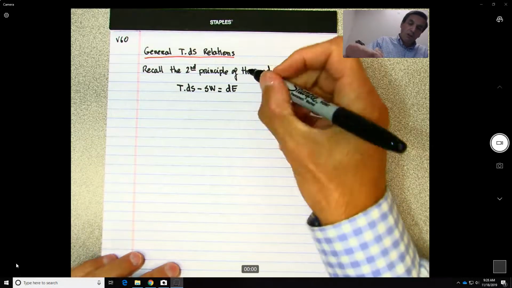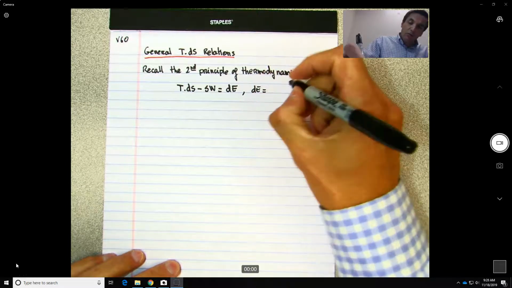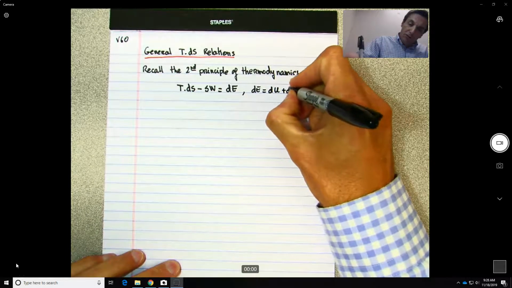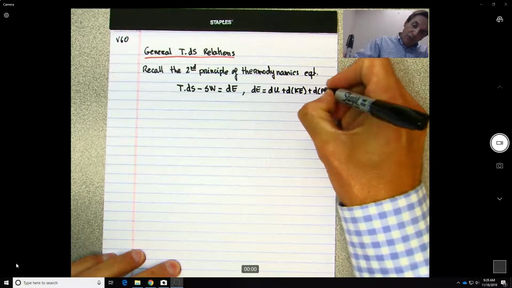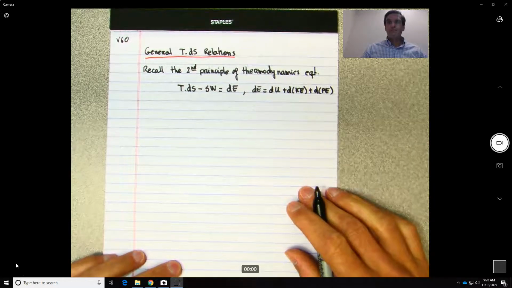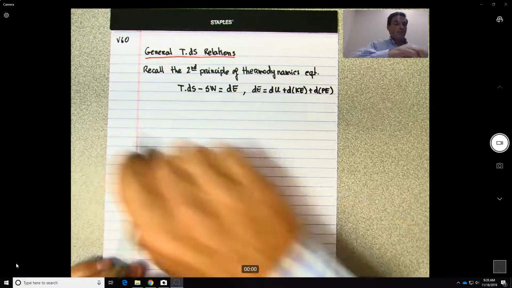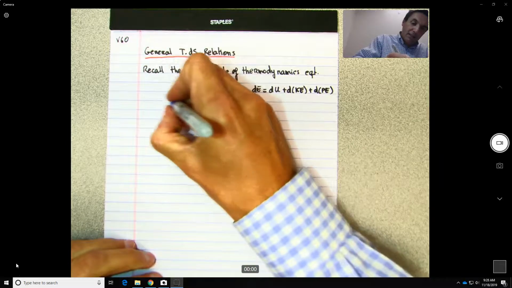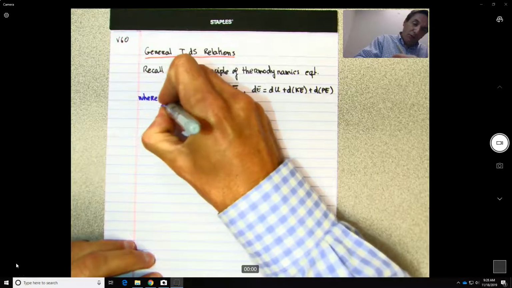Okay? So in this equation, the E over here is equal to the change in internal energy plus the change in kinetic energy plus the change in potential energy. All right, so really the only thing we need to do over here is to remember the expression for work done by pressure.